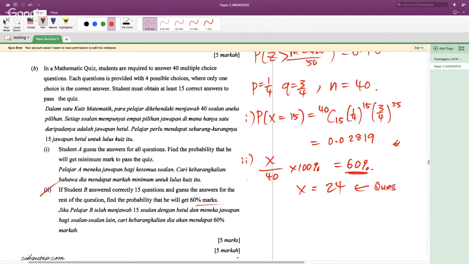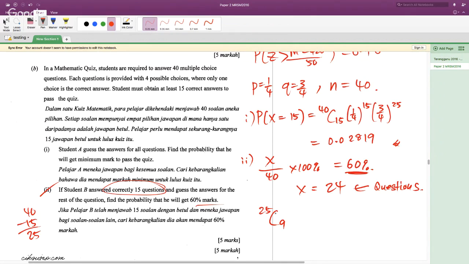In order to get 24 questions correct, the question says student B already got 15 correct, so I will need another 9 questions. It's 40 questions, already correct 15, still left 25 questions. So I will say 25 C9.